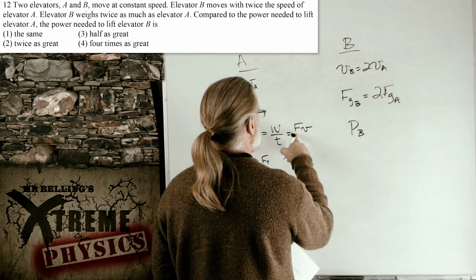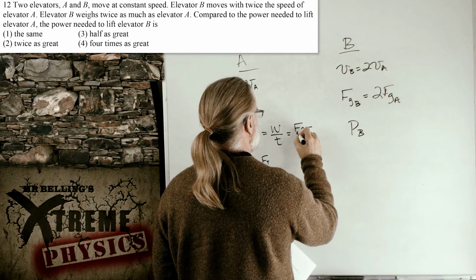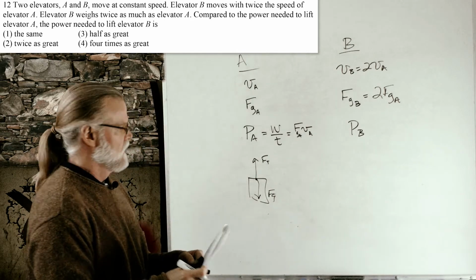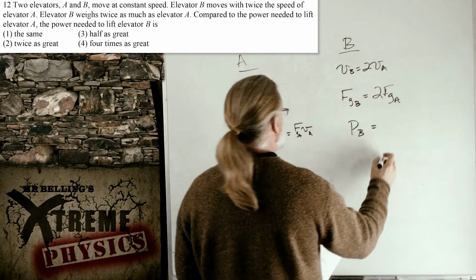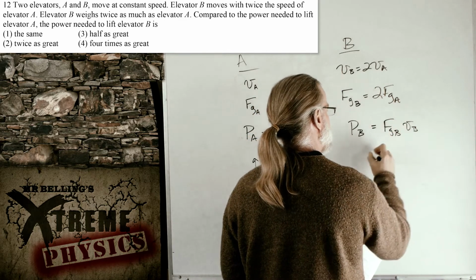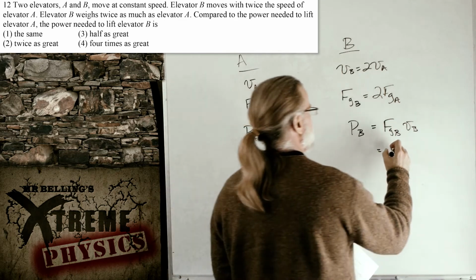So power of A equals force of gravity of A and the velocity of A. Let's see what the power of B is. The power of B is force of gravity on B times velocity of B. Let's see.